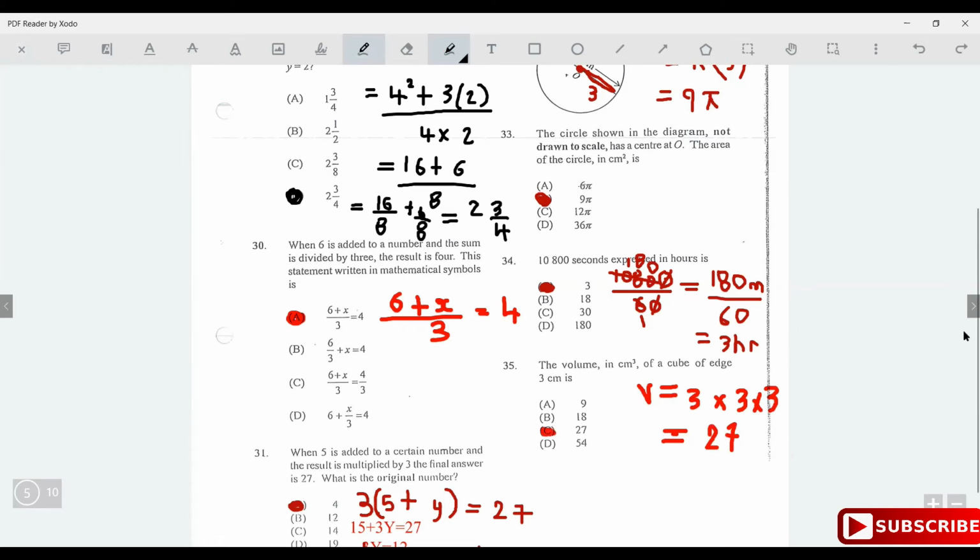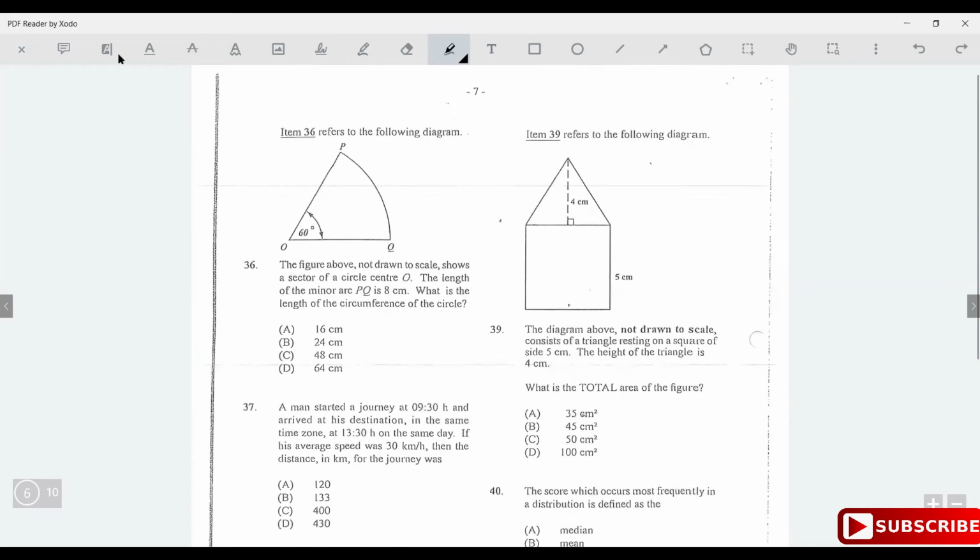Okay, moving right along. Question 36 says the figure above, not drawn to scale, shows a sector, and it tells us that the minor arc length PQ is 8, and this is 60 degrees.